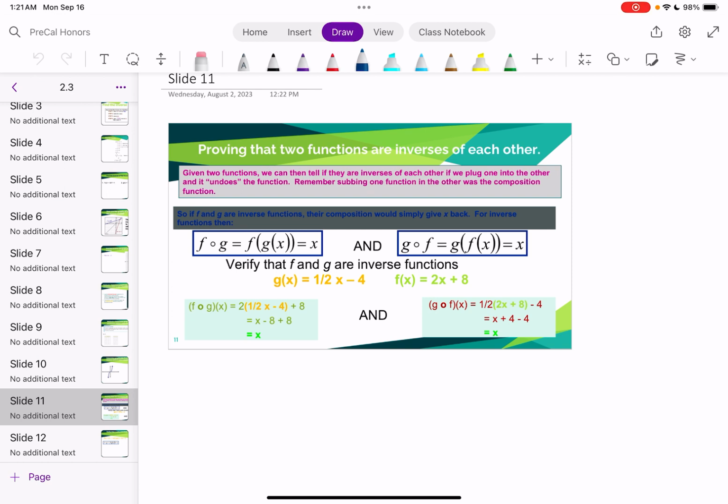We are basically doing a composition of f of g and g of f. Once both have been solved, they should end up equaling x. If our final answer for both f of g and g of f is x, in that case, they are inverses of each other. So let's go ahead and work these problems out.